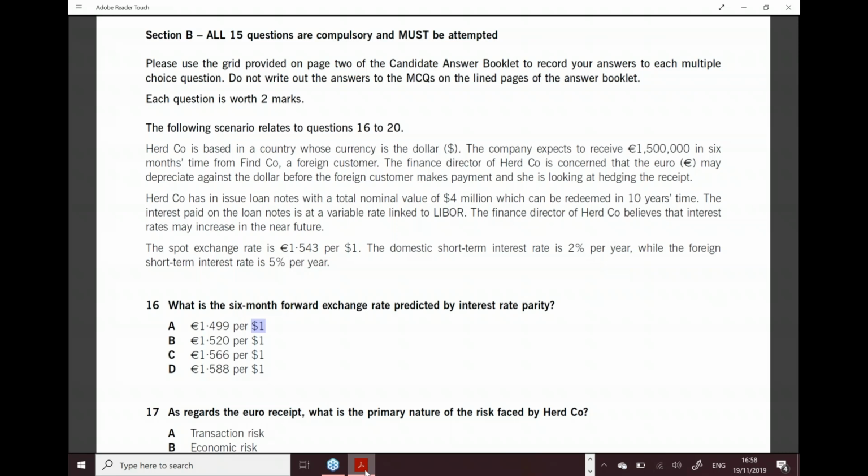So now we need to be careful. The domestic is the dollar, the foreign is the euro, and they're telling me the spot exchange rate, the domestic short-term rate, but the foreign rate is 5. So the euro is 5% for 1 year, which means for 6 months, that's into 1.025. Am I right? Because it's 5% for 1 year, right?